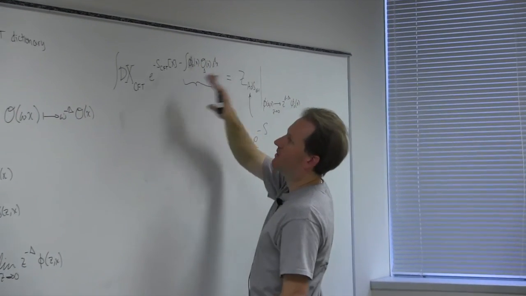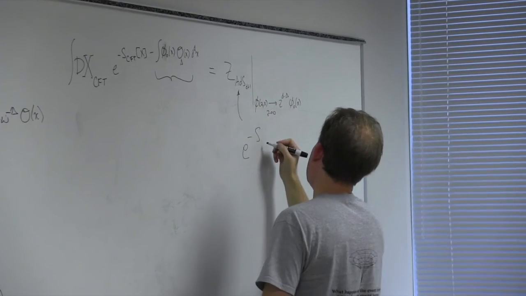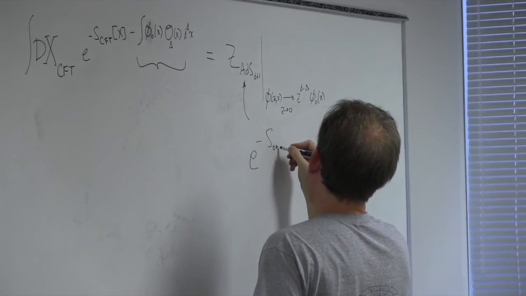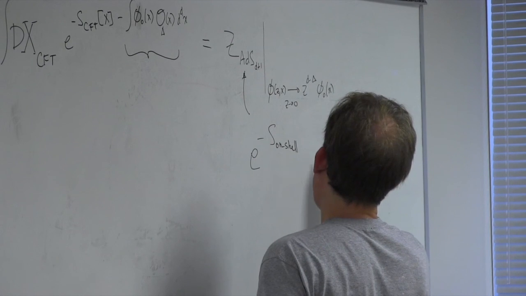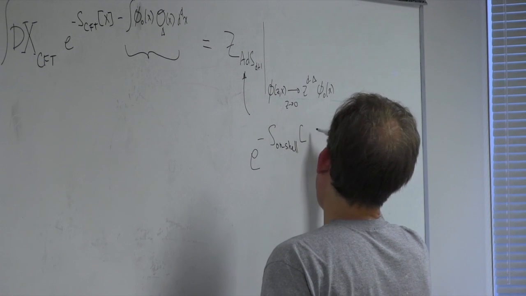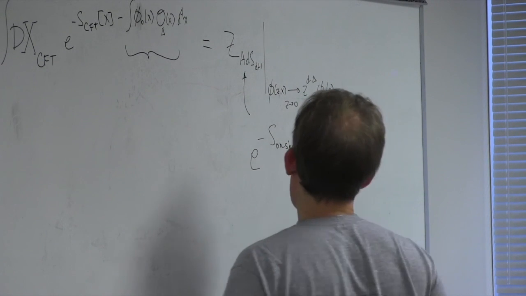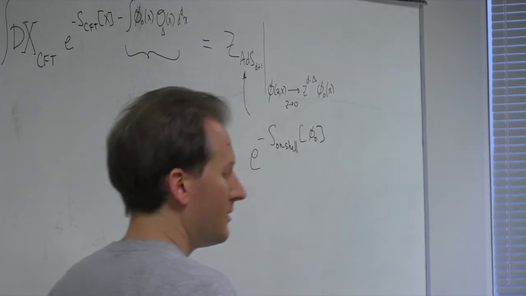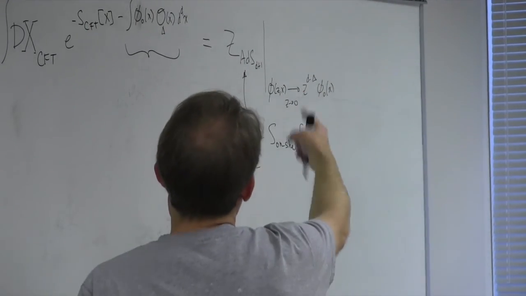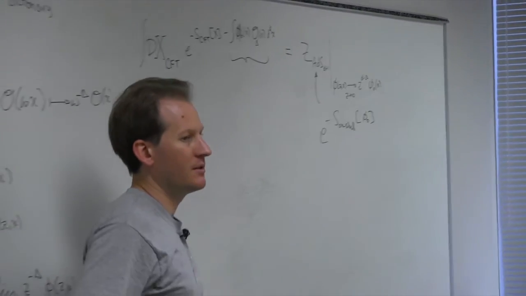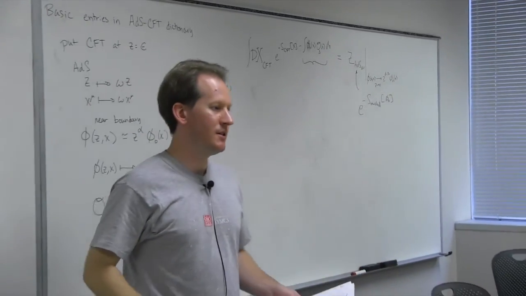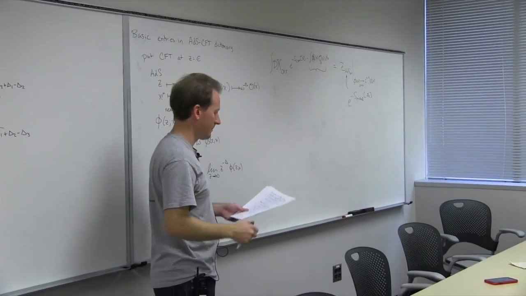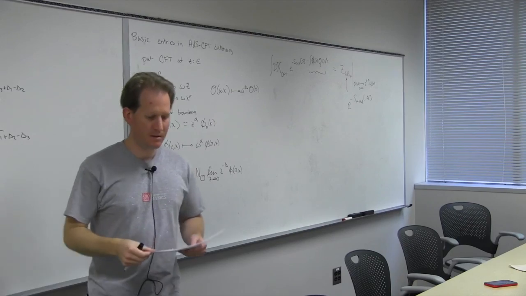I'm writing this in Euclidean, if that wasn't obvious. The on-shell action will be some function of my boundary conditions. And then I can take functional derivatives of it to find correlators in the CFT for large N and large lambda. But that'll have to wait till tomorrow, I guess.